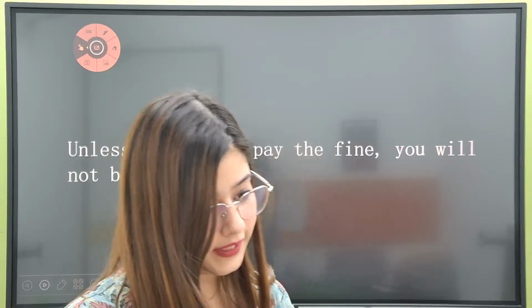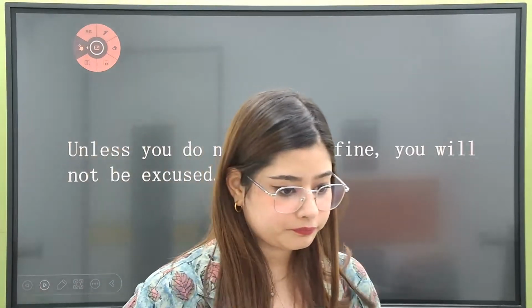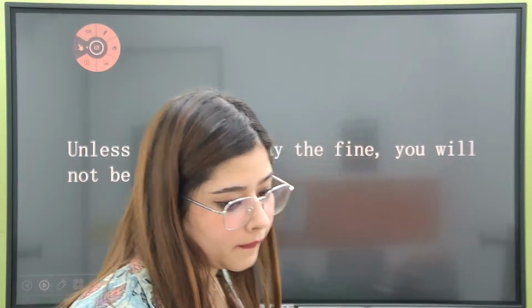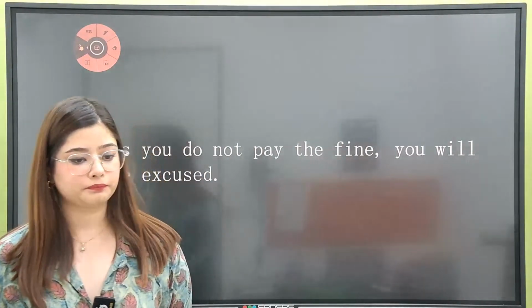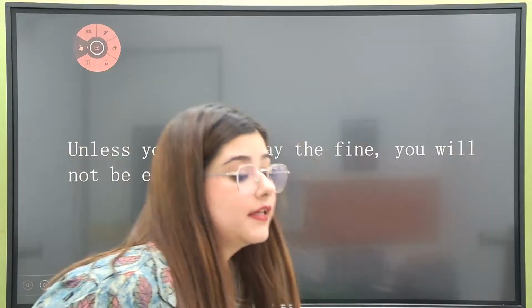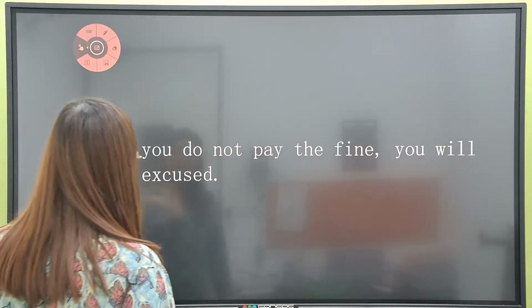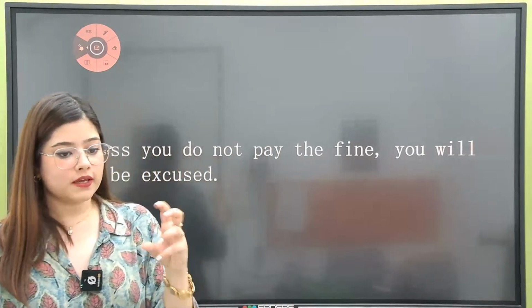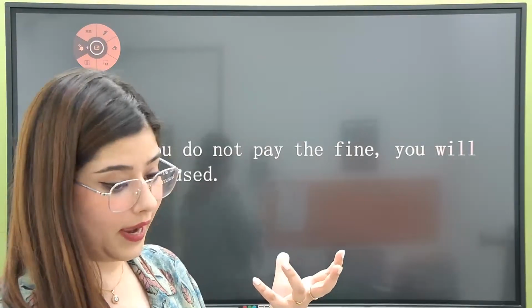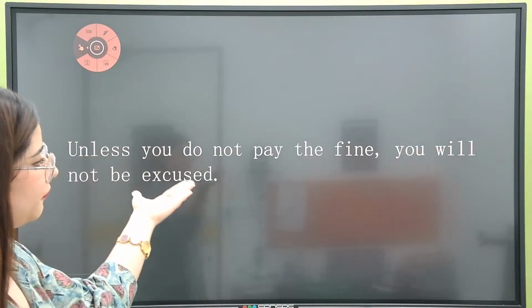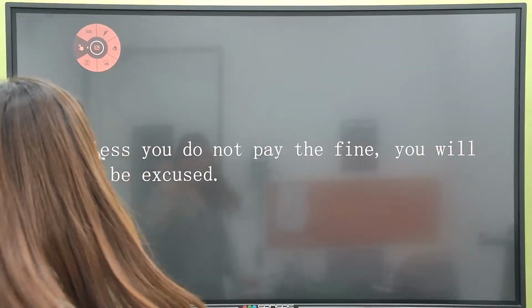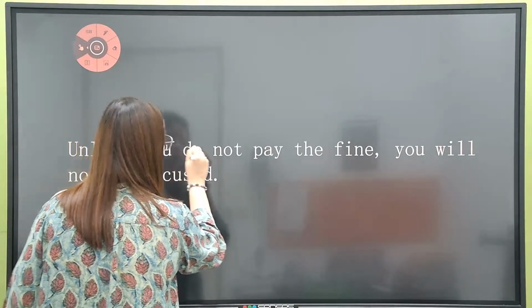Okay, what should be the correct statement? Yes, correct. So unless in itself is posing a condition, right? It is posing a condition that if you do not pay the fine, you will not be excused.